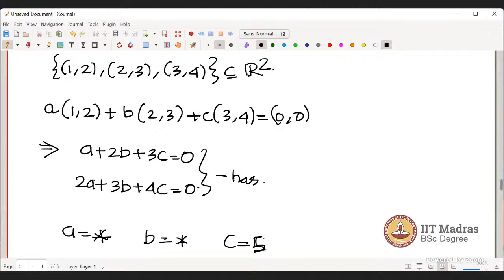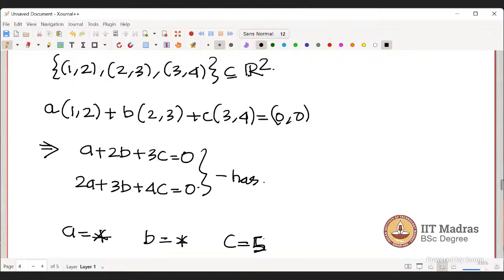Because if you have more unknowns, then at least one unknown will be non-zero, and since the combination equals the zero vector (0, 0), one of the coefficients will definitely be non-zero, and that's why they'll be linearly dependent, right?